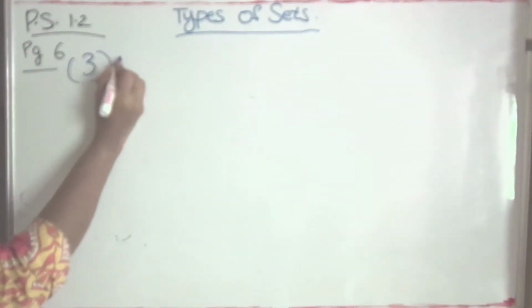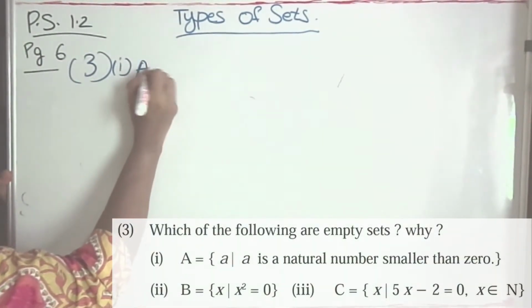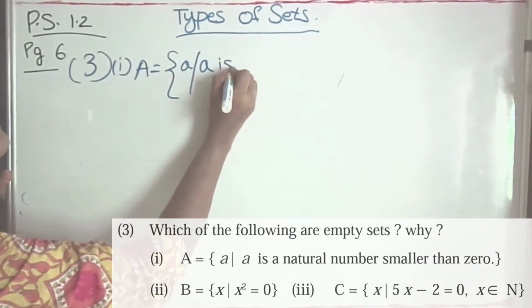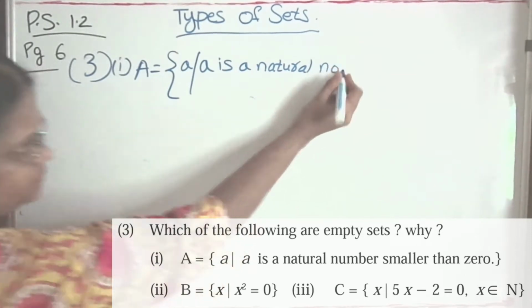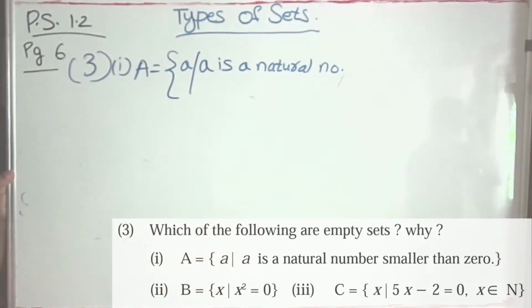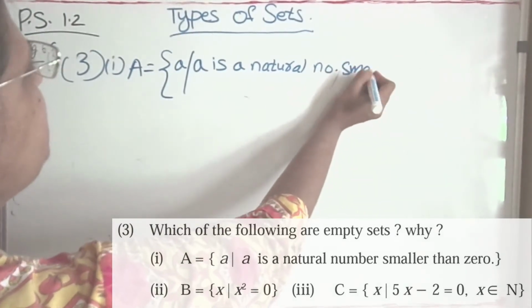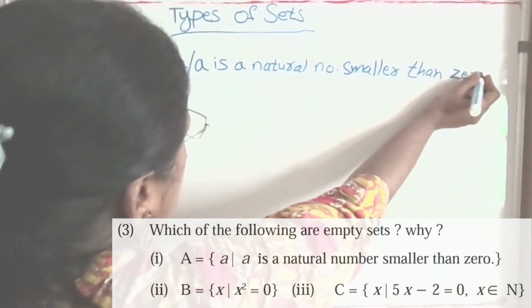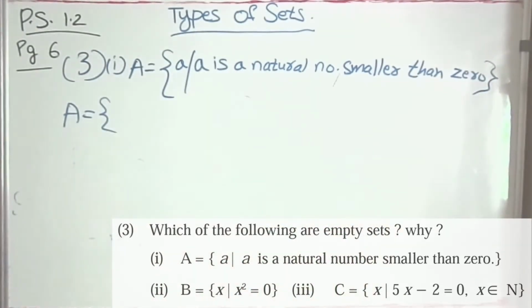Question number 3, the first sum. Which of the following are empty sets? Let me write down the question. A is equal to {x such that x is a natural number smaller than 0}. Okay, let us find out the elements of set A. Which is the natural number smaller than 0?